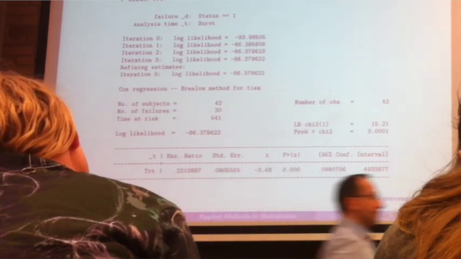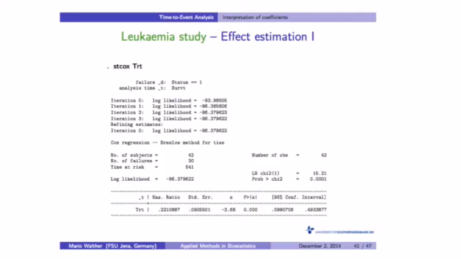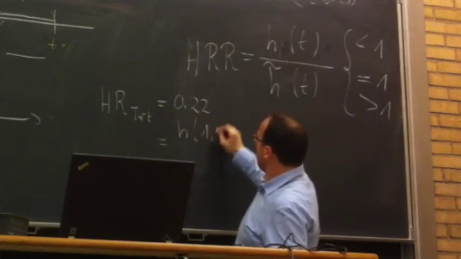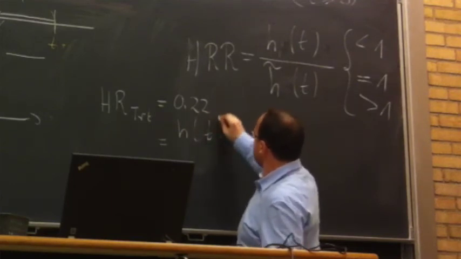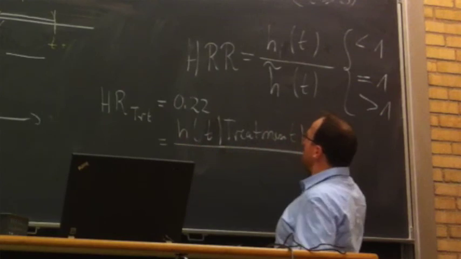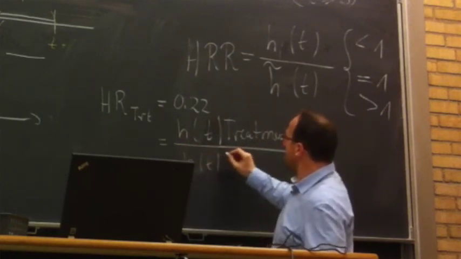What does it mean? Here's the hazard rate ratio for the treatment. It is about 0.22. Having in mind how you labeled the treatment with 0 and 1, the hazard rate ratio is nothing else than the ratio of the hazard in the treatment group divided by the hazard function in the placebo group.